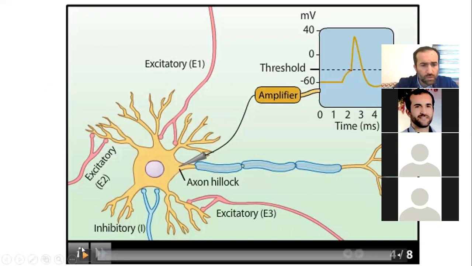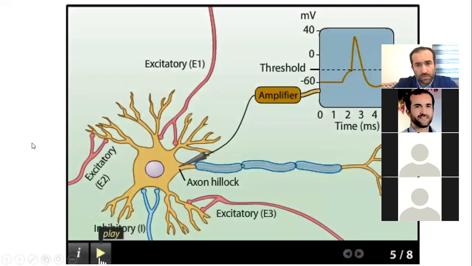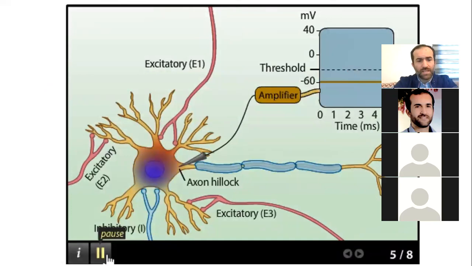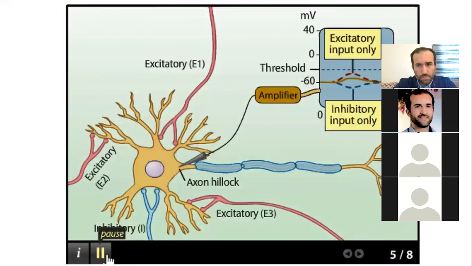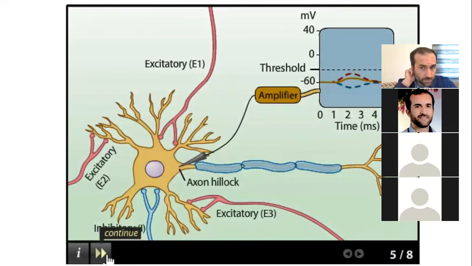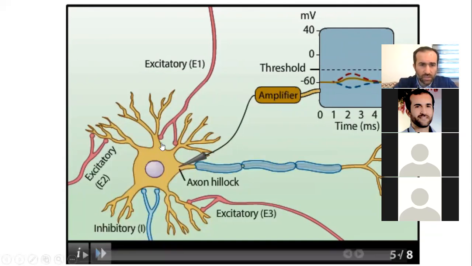Let's see, for example, in this case. I will show you now this simulation. How many messages does the fiber receive? Two messages. It received two messages, but if you see them, the first is from the excitatory synapse, and the other is from where?